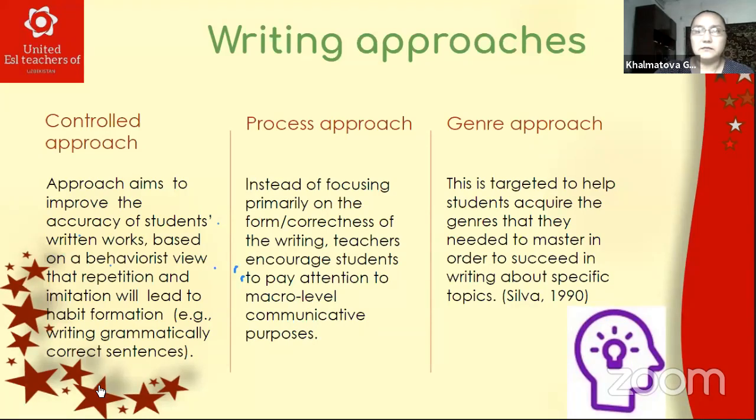For the second step, this is the process of communicating with our students. Just to teach them that writing is not only words and sentences. We should teach them how to communicate with their readers, who they address their writings to, and they should be very aware of that.